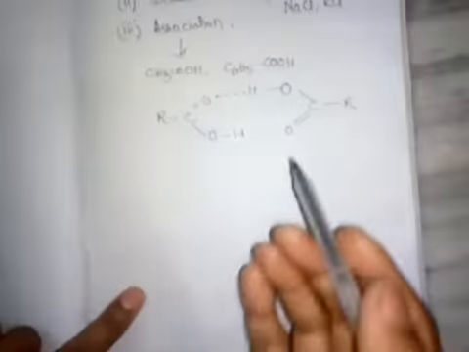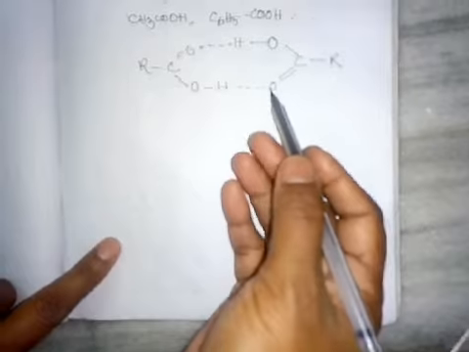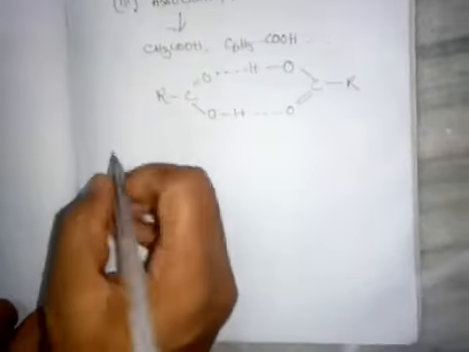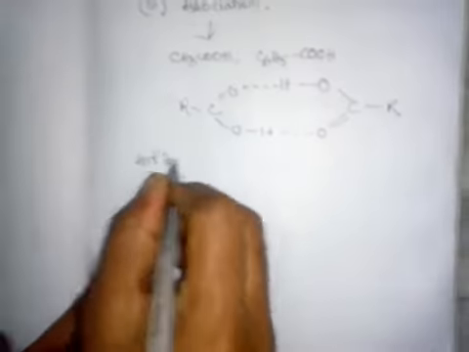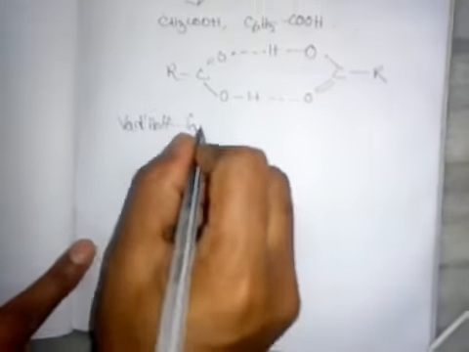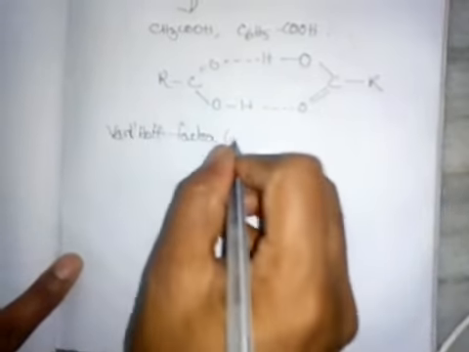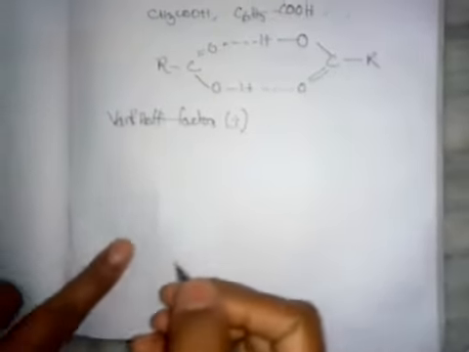Now, these abnormal molecular masses can be explained in terms of Van 't Hoff factor, which is represented as small i.